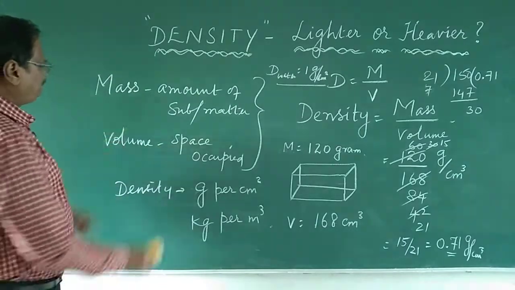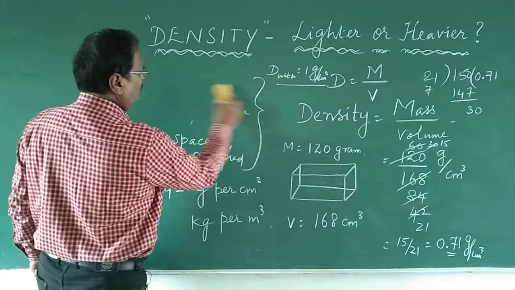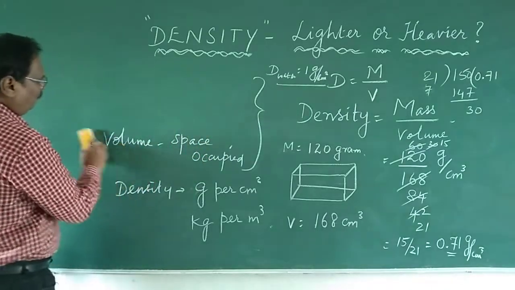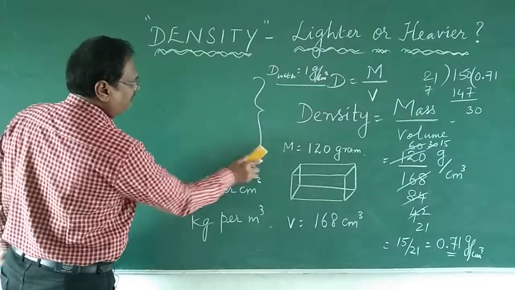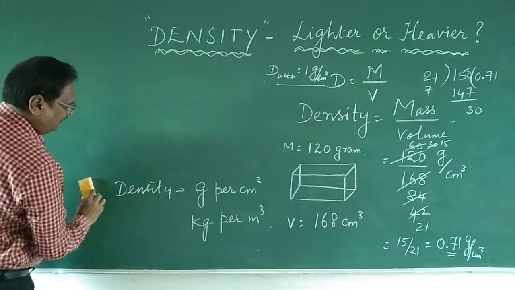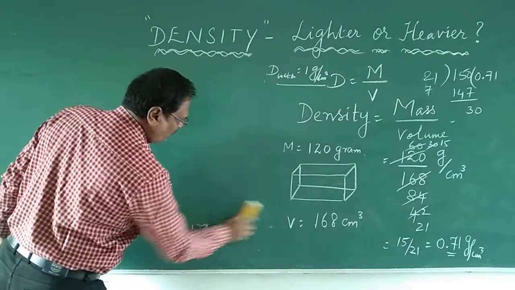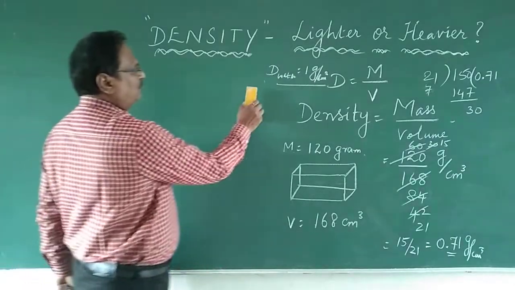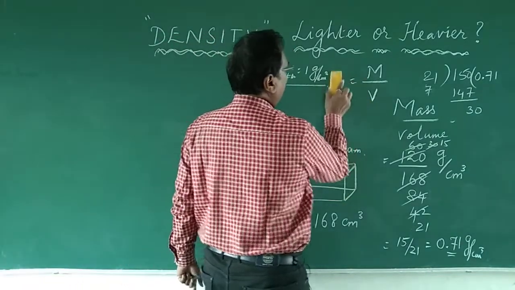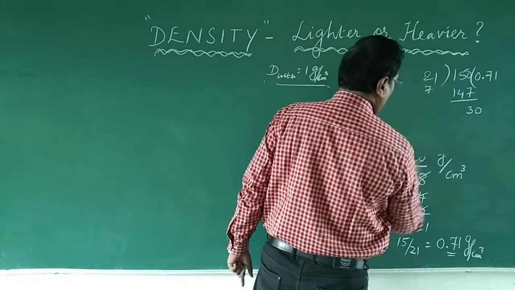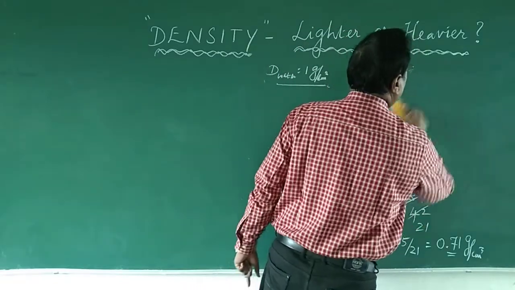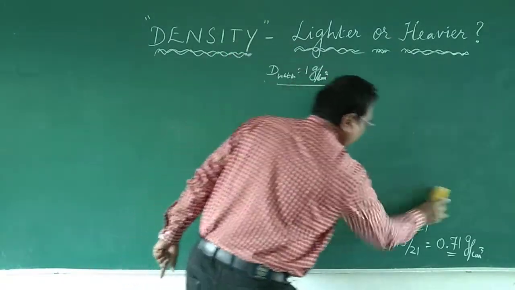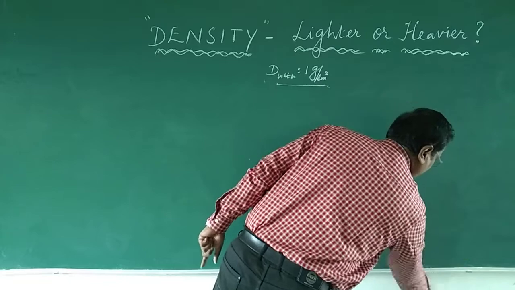So you understand, mass is the amount of substance or matter contained in a body. Volume is the space occupied by the body, and density is mass per volume, which has 2 units, gram per cubic centimeter and kilogram per meter cube, and density of water is 1 gram per cubic centimeter.